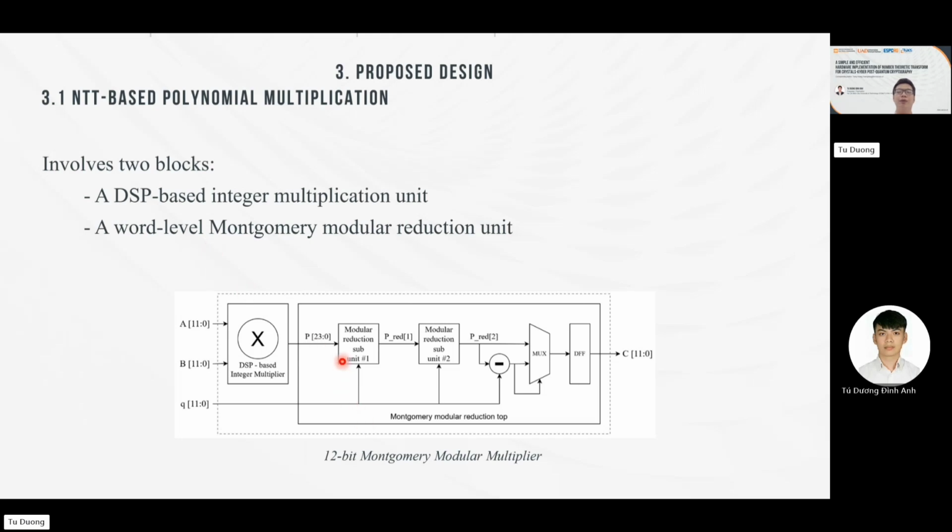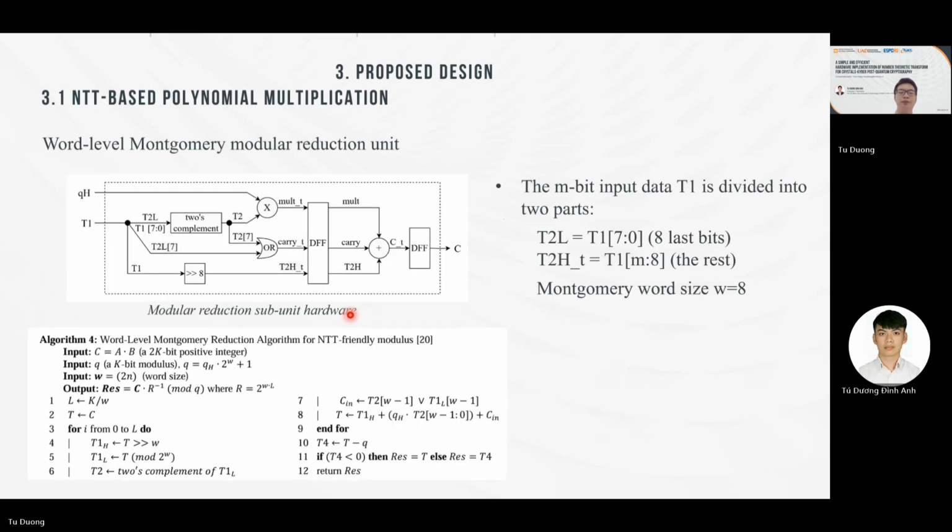So that is why we need two modular reduction subunits here for the operation to work. As I just mentioned, that is the word size that we choose, and in this figure you can see our implementation of the Montgomery reduction unit based on the algorithm down here.